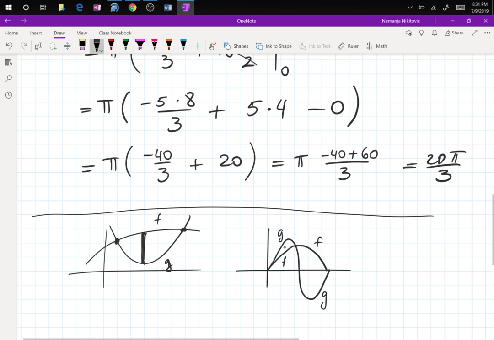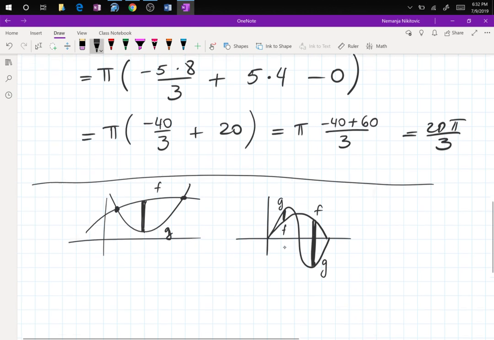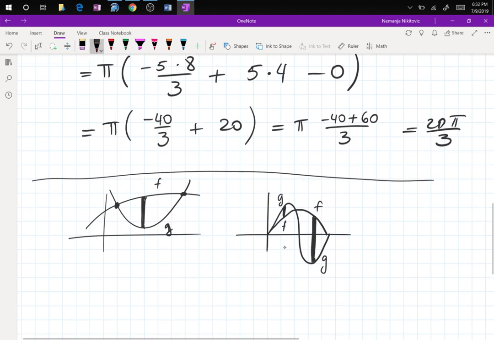So when they swap what's on top, what's on the bottom, you have a new integral. So all of this stuff, when you're playing the game of these representative rectangles which move from left to right, all of that is still within the shell and a disk method, and that is the main player in deciding which method to use.